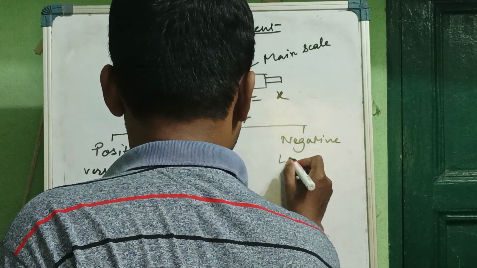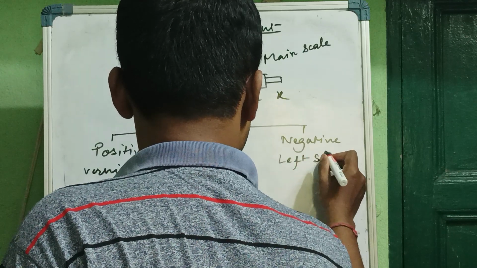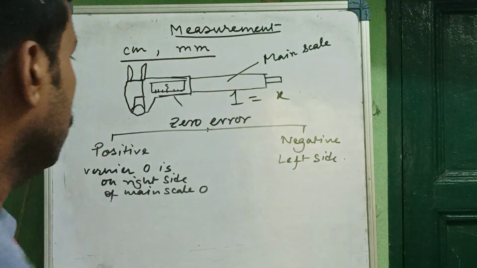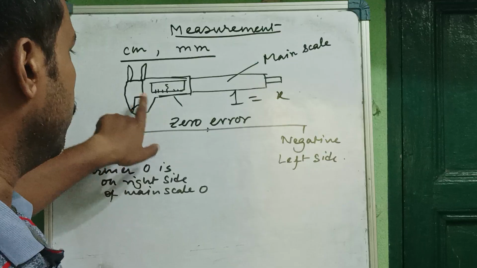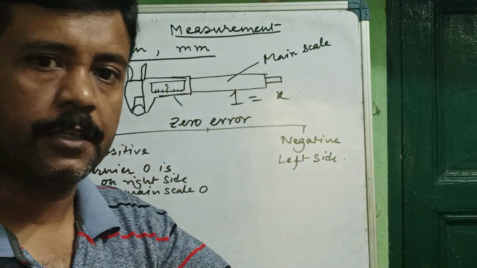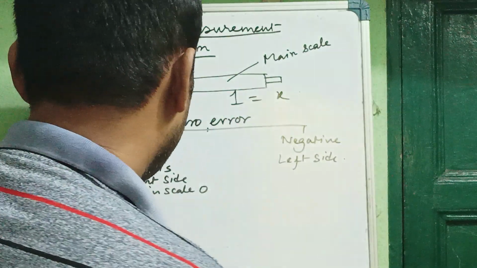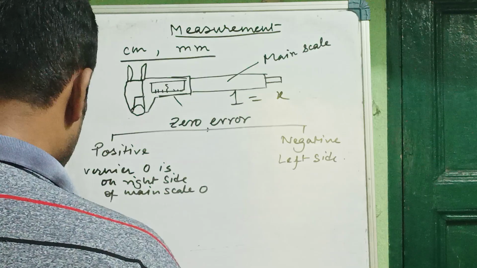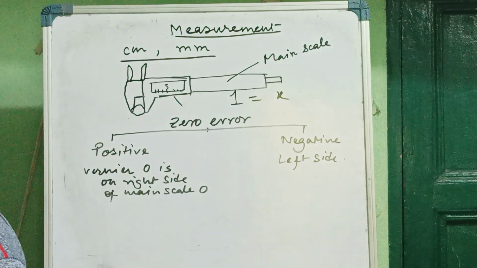Negative is the left side. If the Vernier zero is present on the left side of the main scale zero, then it is a negative zero error. Now we have to go through the screw gauge.